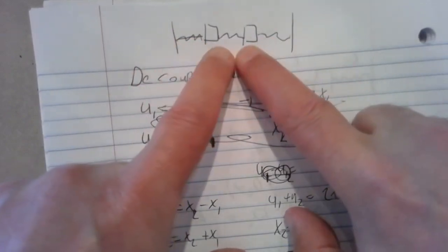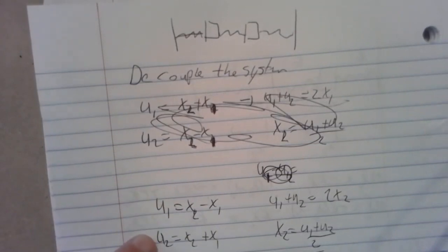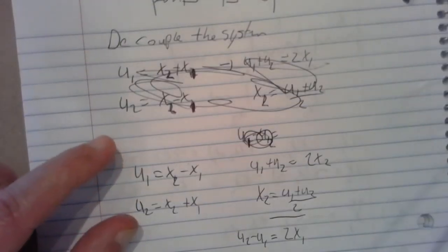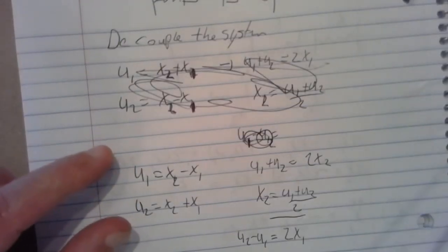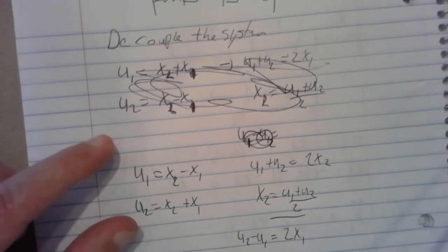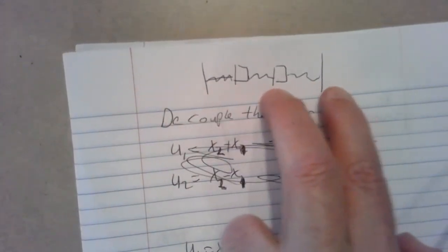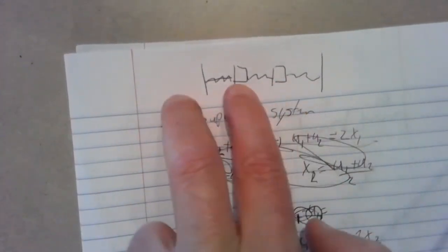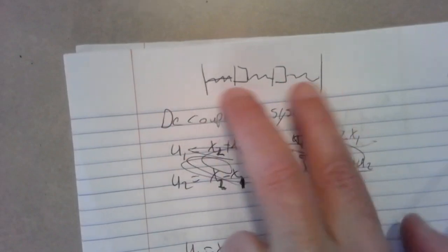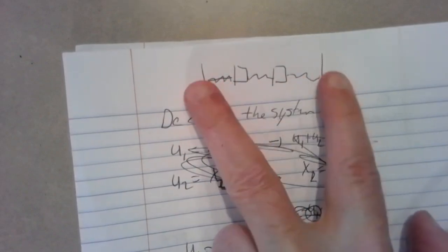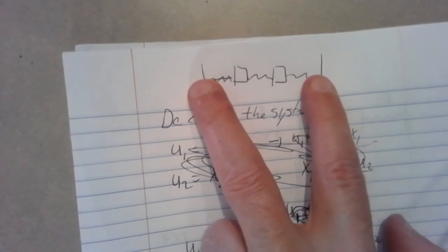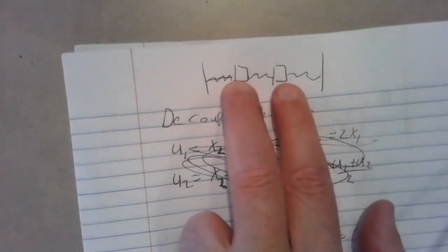And we call these the normal modes. These are the periodic possible solutions to this system of DEs. If the masses move together, then the distance between them stays constant, or if the masses move in opposite ways, then the center of mass stays constant. And both of those are oscillatory behaviors and won't jump around. They'll be nice and simple. We'll call them normal modes.